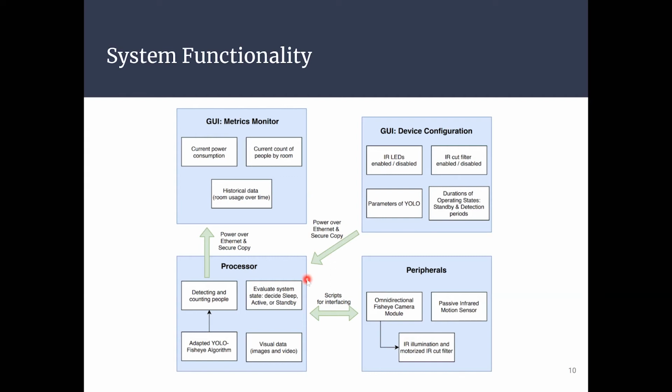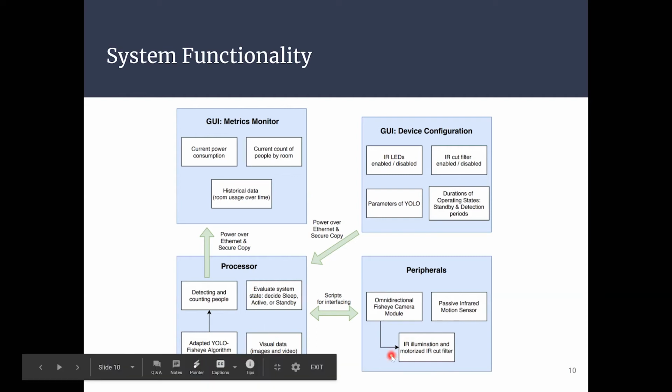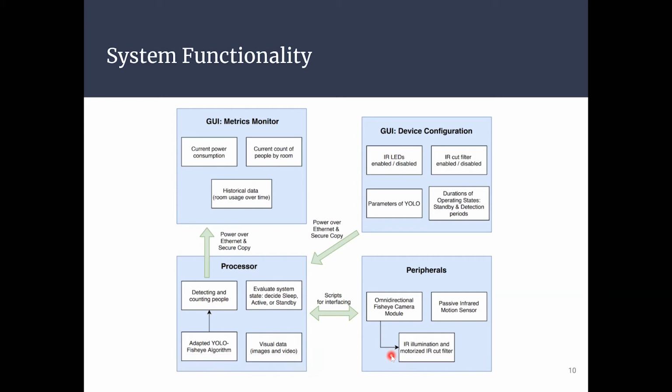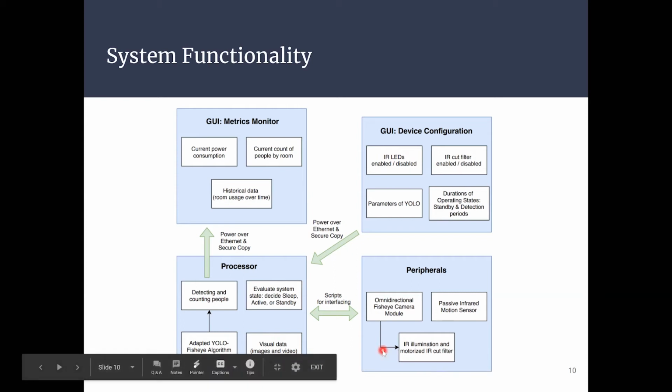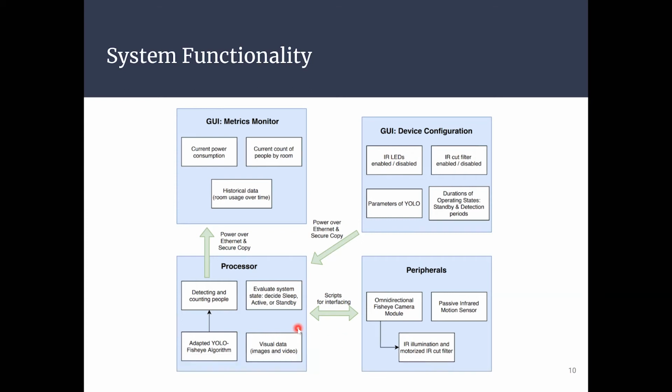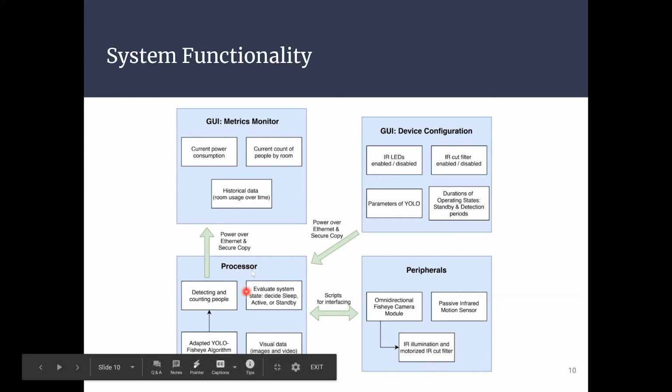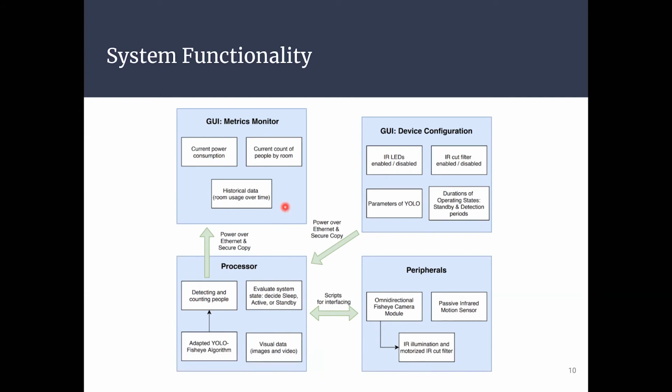The processor has both the algorithm running and the peripherals, ideally. The peripherals are the camera and the passive infrared motion sensor, and the algorithm then runs on the image taken by the camera, and this information is then sent back to the graphical user interface, where we can hopefully see some historical data in the overall power consumption and count.